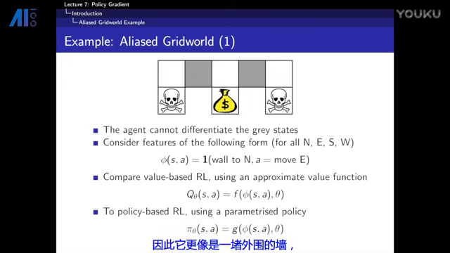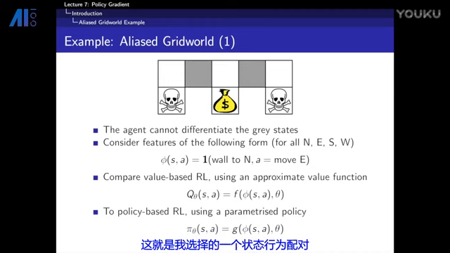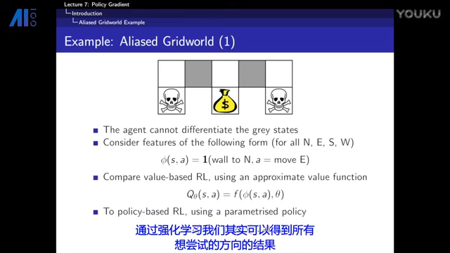So this is like, is there an exterior wall? And the other part of the feature is, is there an exterior wall to the north and I'm moving to the east? That would be a feature of my state and action pair. We're going to consider features like this. Is there a wall to the north when I'm going east? Is there a wall to the west when I'm going south, and all kinds of things like this.